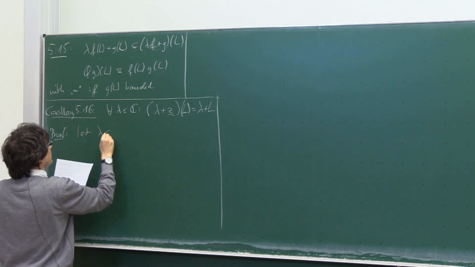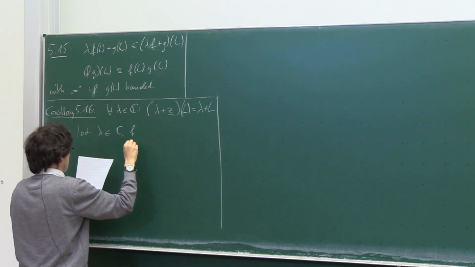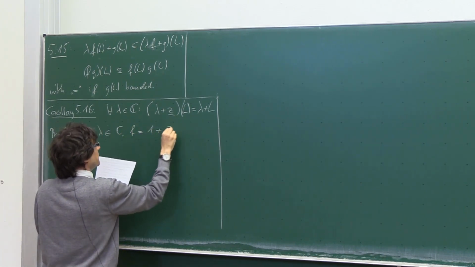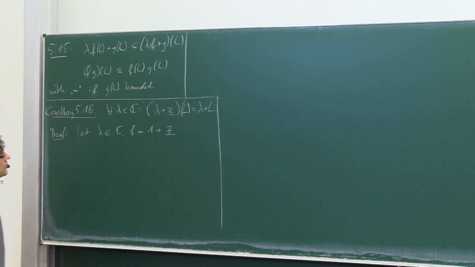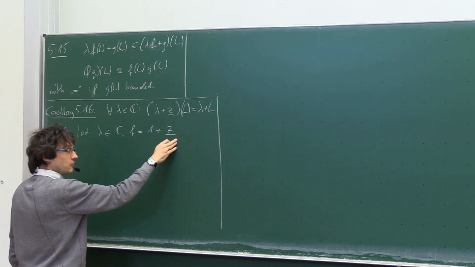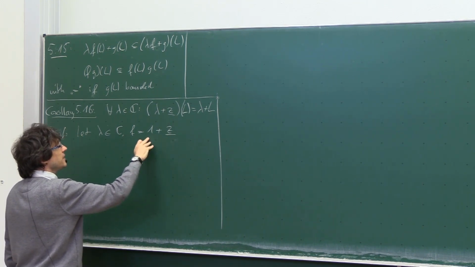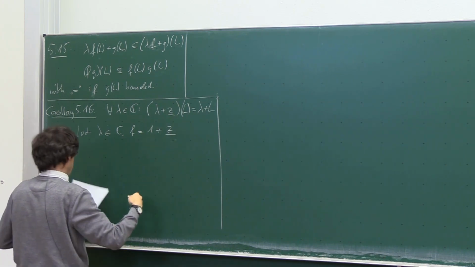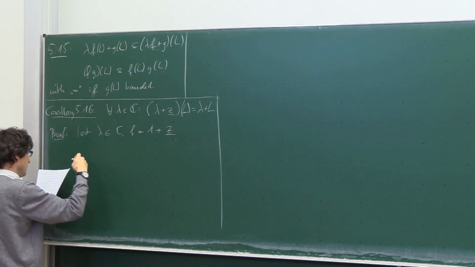Okay, let lambda in C and look at F being this function. I will start with this one. So I will first do lambda equal 1, and then we can put the lambda in by some trickery. So let's look at this one. And then how to regularize this one is not that complicated.